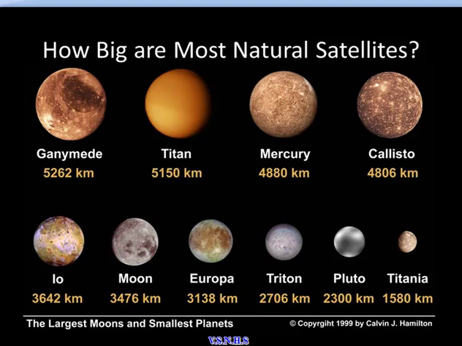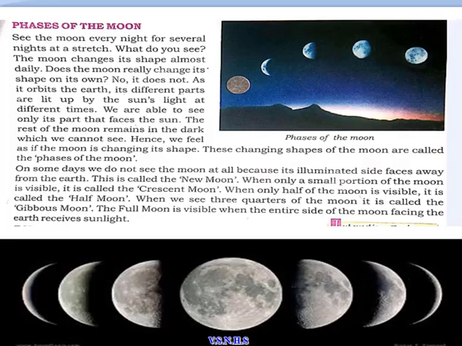Okay, so next, move to the next page. Phases of the moon. In this picture you can see the shape of the moon changes every day, if you see the moon every night for several nights at a stretch.